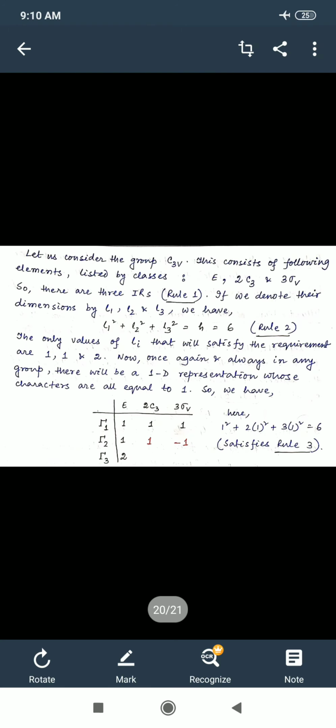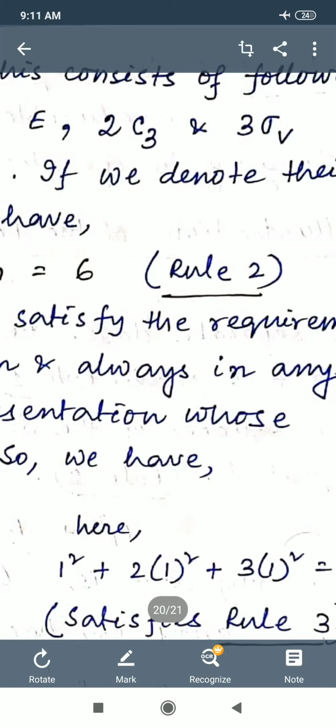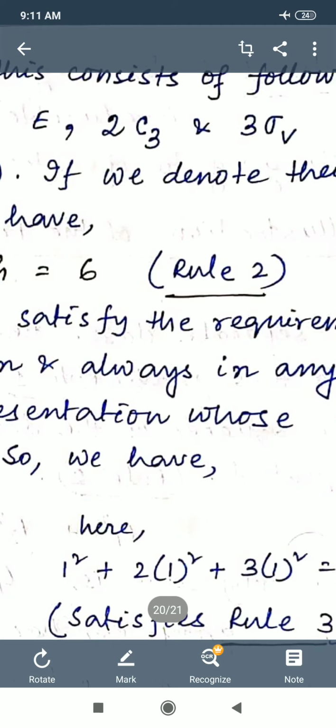So there are 3 irreducible representations, because the number of classes is equal to 3. But what is the order? The order here is E, 2C3 and 3 sigma V. So 1 plus 2 plus 3, that is 6. So the order is 6, but the number of classes is 3.